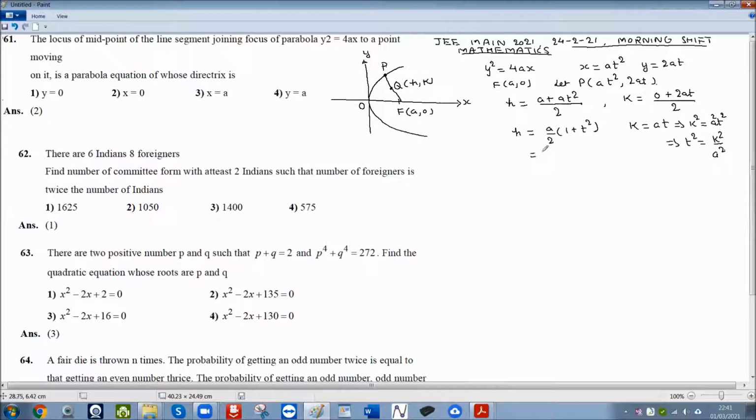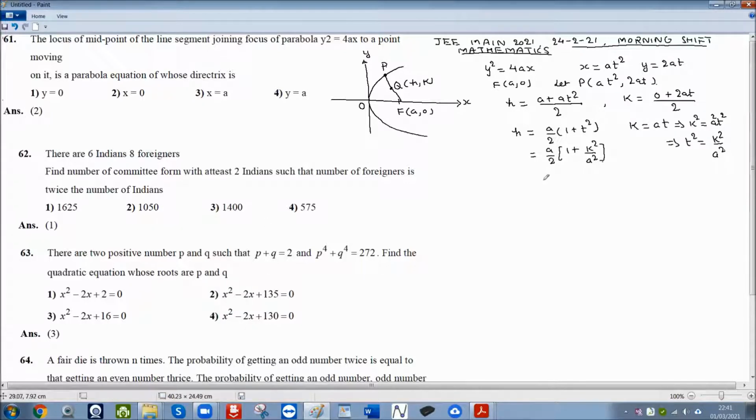So h comes out to be a by 2, 1 plus k square by a square.